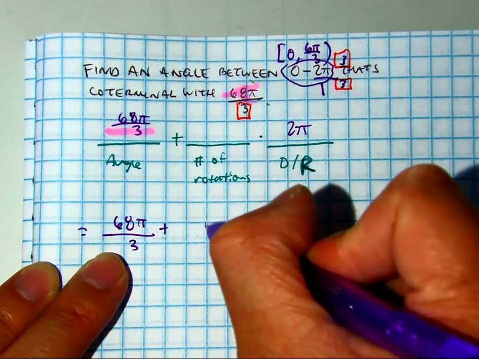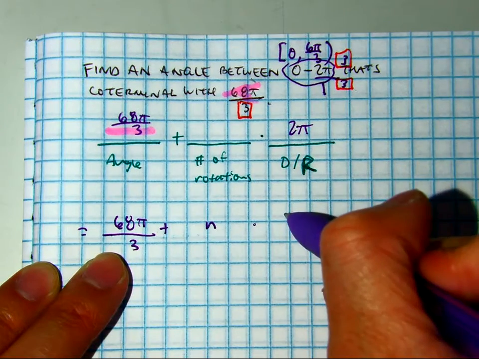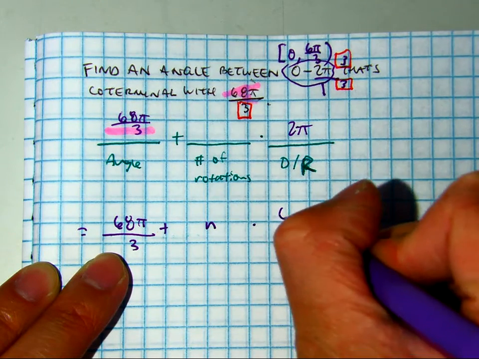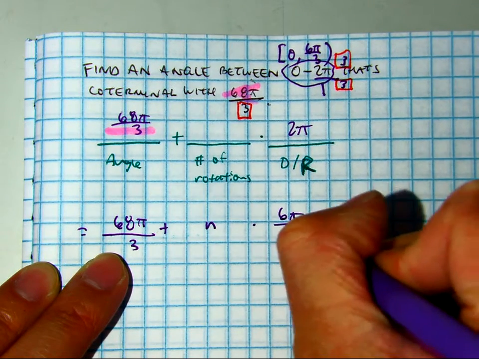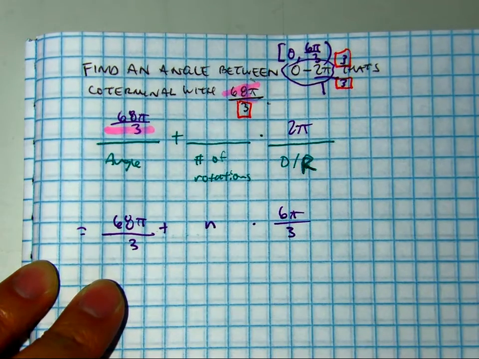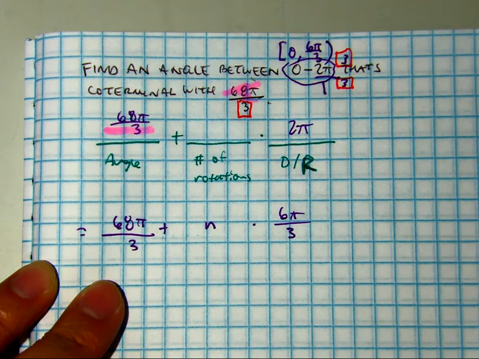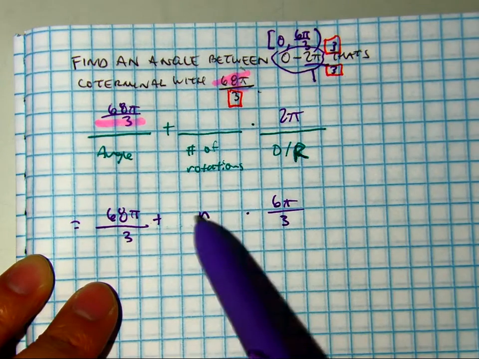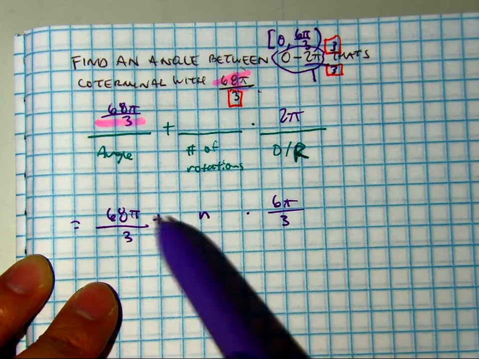So I have 6 pi over 3. So I'm going to have to think of a number for n to multiply by. So then when I add it to 68, I get it to be basically between 0 pi over 3 and 6 pi over 3.